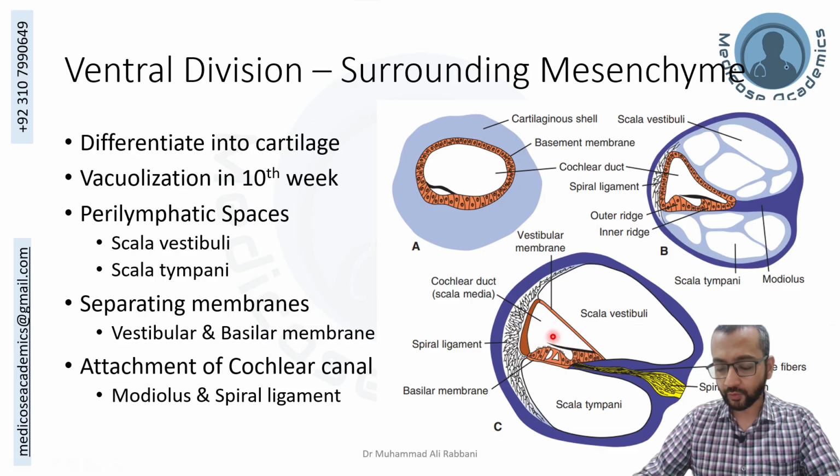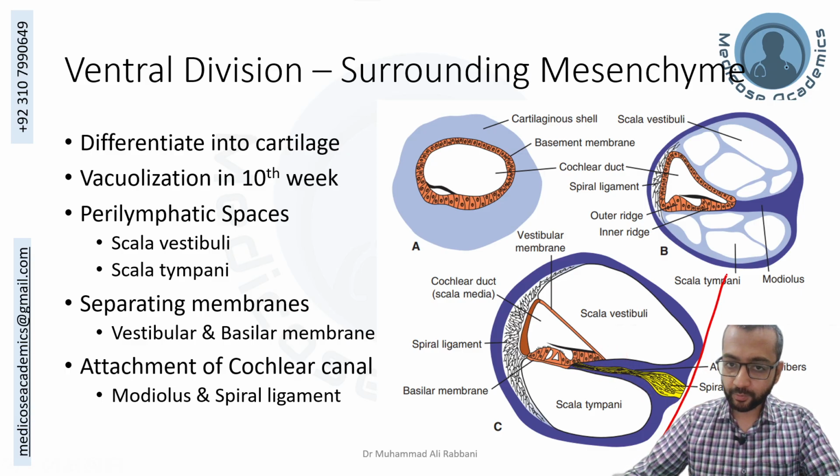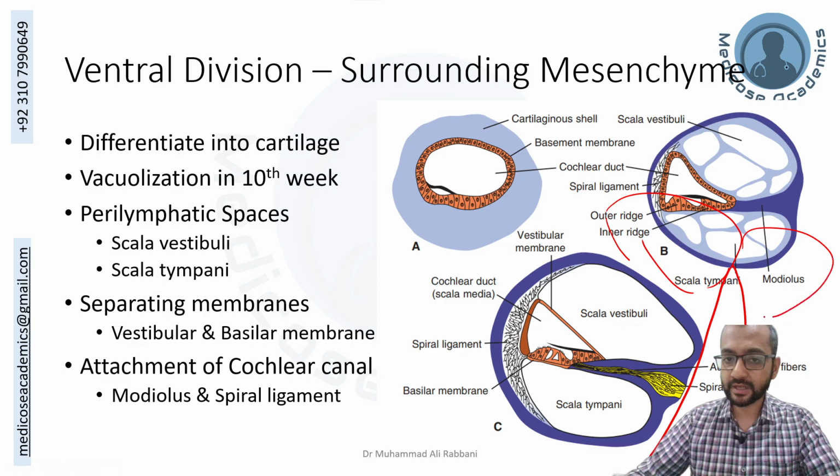So this is the organ of Corti that is going to be formed, and it is supported by this osseous spiral lamina of the modiolus. The modiolus is the cone-shaped bony projection around which the cochlear turns are formed, on either side.